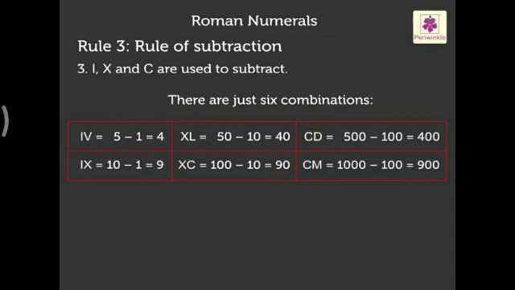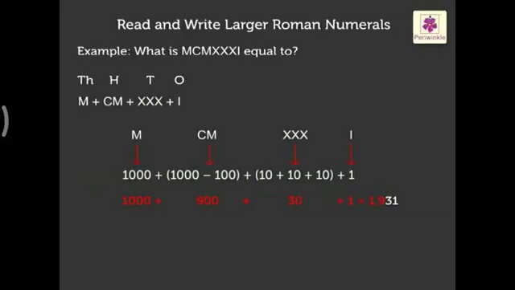XC equals 100 minus 10 equals 90. CD equals 500 minus 100 equals 400. CM equals 1000 minus 100 equals 900. If you know the 3 rules correctly, we can write the numbers in Roman numerals very easily.